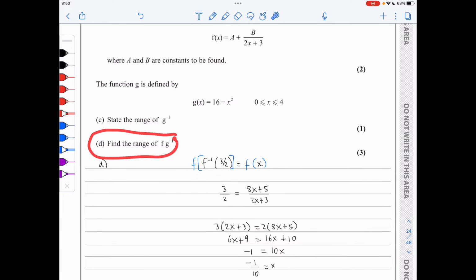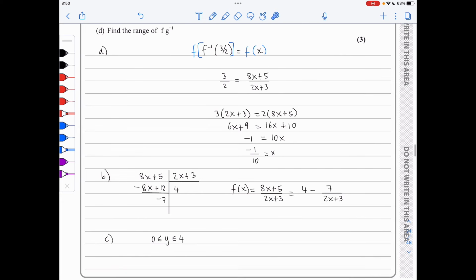We need to find the range of f of g inverse, and we need to start by considering that we will first be conducting g inverse, and g inverse will be giving me results. The output of it will be values between 0 and 4. So the idea is for me to sketch f of x and then consider the output that g inverse will give me.